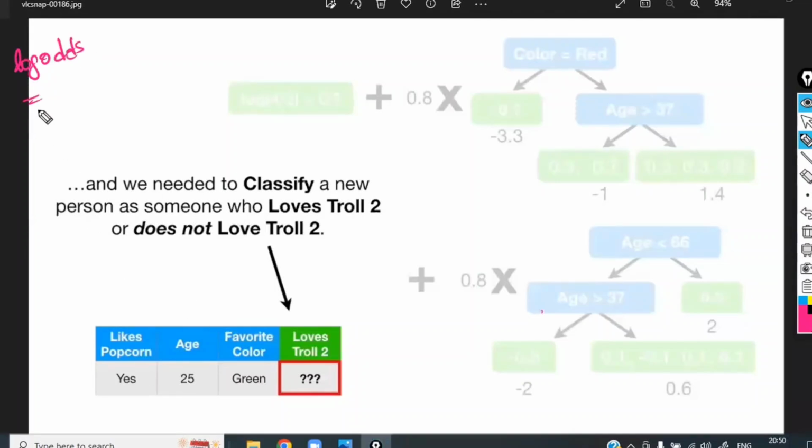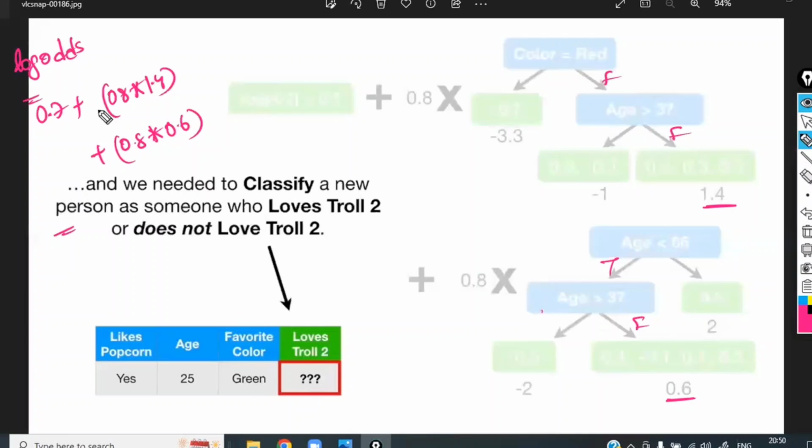First, 0.7 plus 0.8 into: color is equal to red, false. Age is greater than 37, false. False means 1.4. Then 0.8 into: age is less than 66, true or false? True. Age is greater than 37, false. That is 0.6.